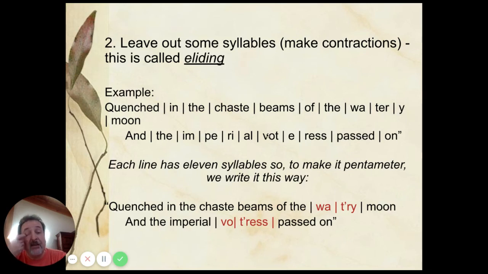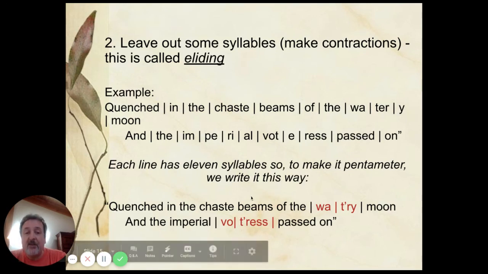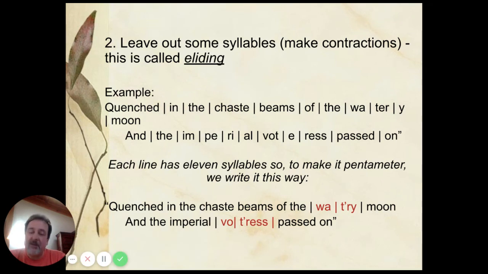Problem is, you've got 11 syllables in each line. So all they're going to do is change how they pronounce some stuff. When you get to this in the text, you'll see it says "watery." That's 2 syllables. So now we're down to 10. "Votress." Again, now it's just 2 syllables. All right? So you knock out a syllable and you get your rhythm back. All right? You have the sound of it and you have the correct meter to make iambic pentameter.